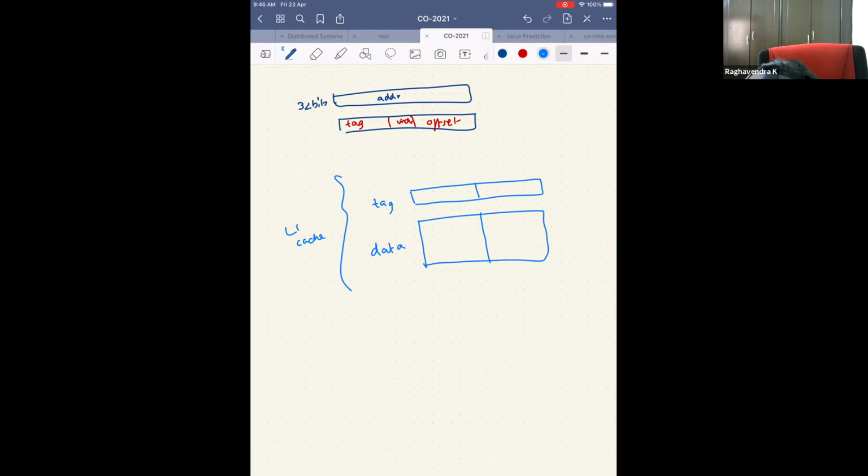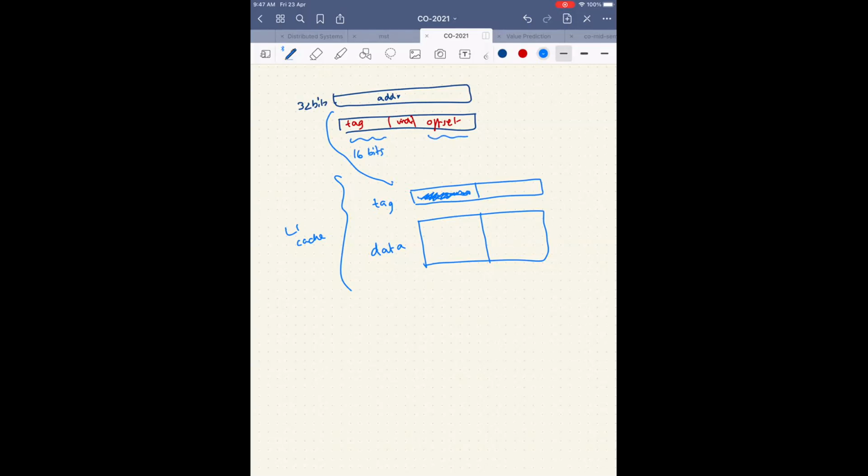Now, in this tag, how many bits are there? Let's say we take the example of whatever was given. So it was 16 bits, right? Now, how many bits will you store here?